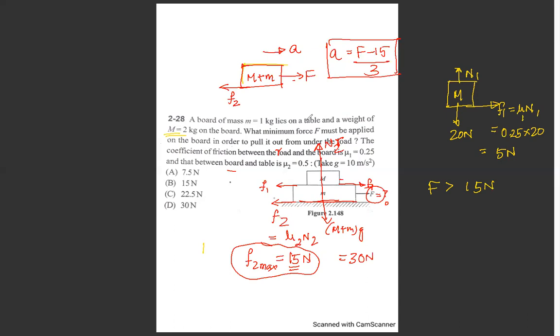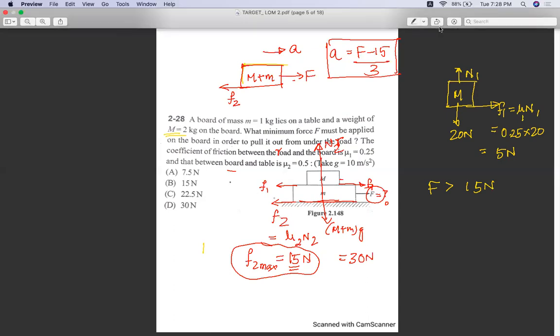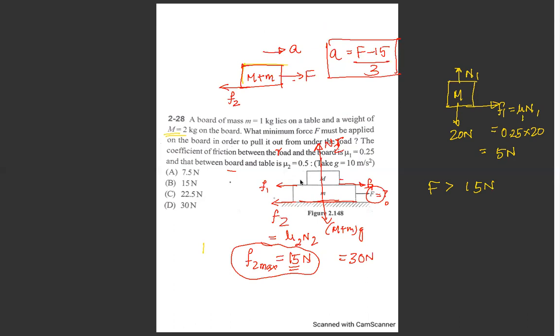We have two unknowns, so we will be taking the help of another equation. If we say that this one is also moving with the same acceleration, this one is small capital M, moving with the common acceleration A, and the net force acting on it is F1.